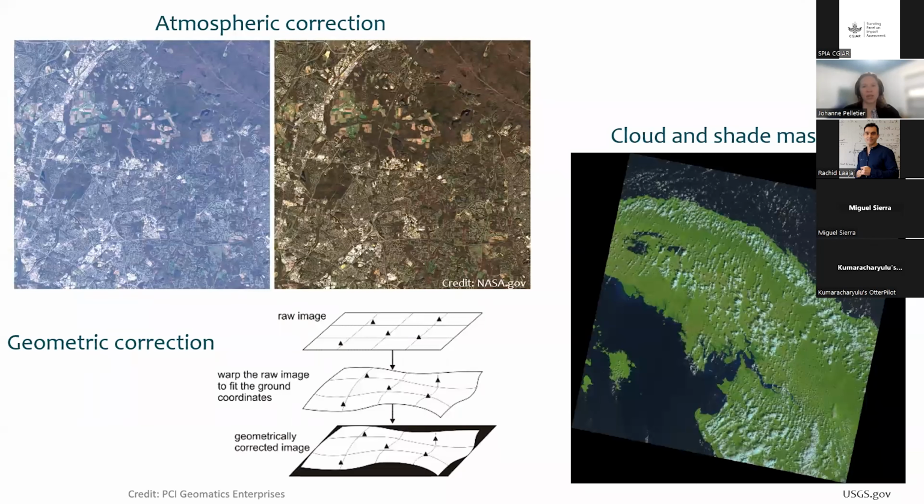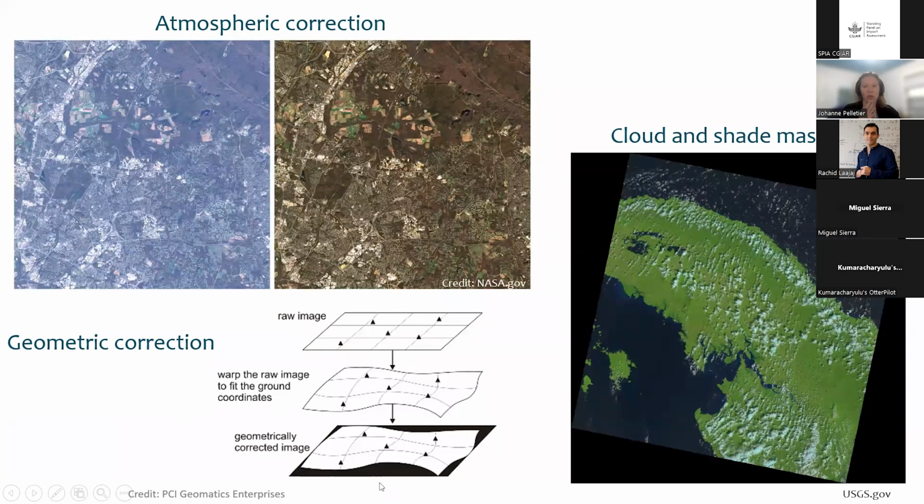What I mean by pre-processing steps, just some steps that I'm mentioning here: it's atmospheric correction. On the left it's before, and then on the right it's after, in the upper left. It's really to remove the atmosphere effect.